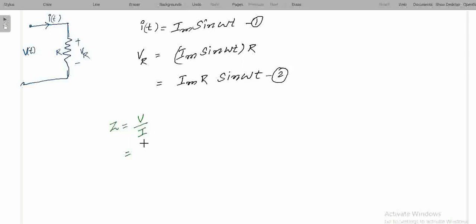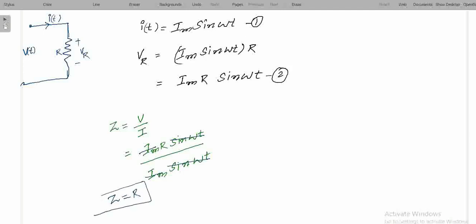Here the voltage we got, that is Im into R sin omega t, and current is Im into sin omega t. So this sin omega t and Im get cancelled. So Z becomes R. It means that for purely resistive network, the impedance is equal to resistance.